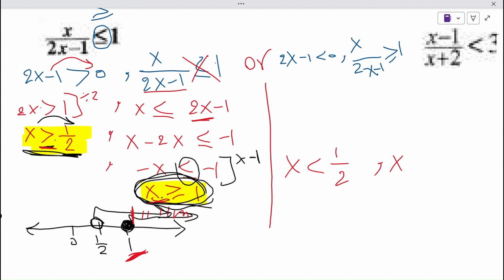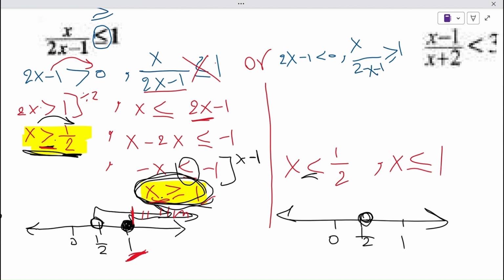Okay, let's determine it on the number line. This is 0, this is 1 over 2, this is 1. Okay, now 1 over 2 is here. We can't fill it because here we don't have equality. So x is less than 1 over 2. Less than, it means the negative side.